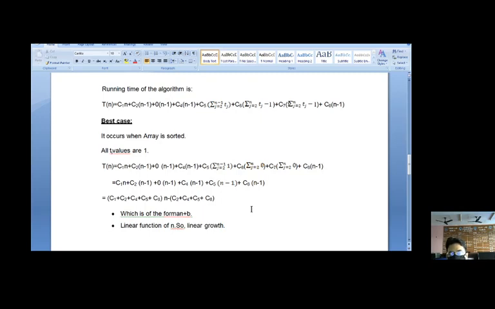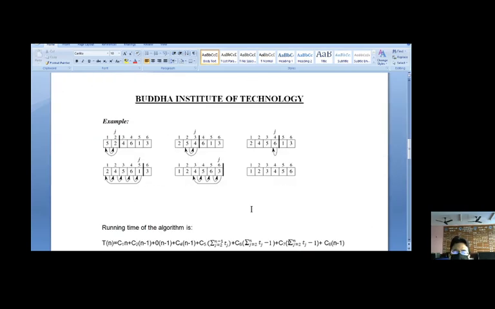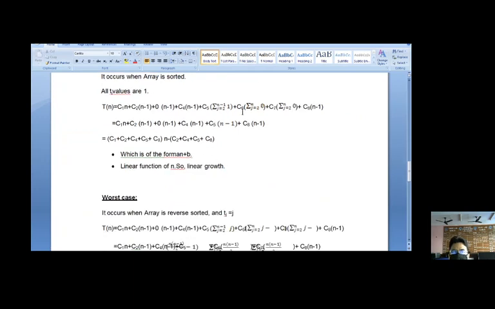So they will be replaced by n minus 1, and the shifting will occur only for n minus 1 times the condition is satisfied. So adding all these numbers, we find that this becomes equal to C1 n plus C2 into n minus 1 plus 0 into n minus 1 plus C4 into n minus 1 and C5.